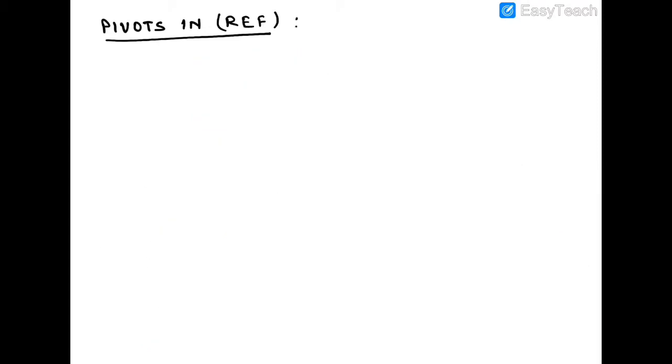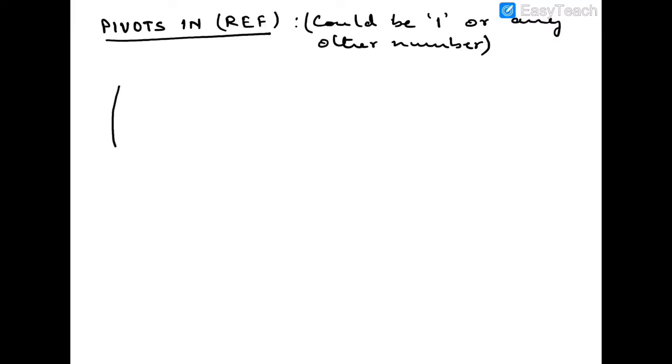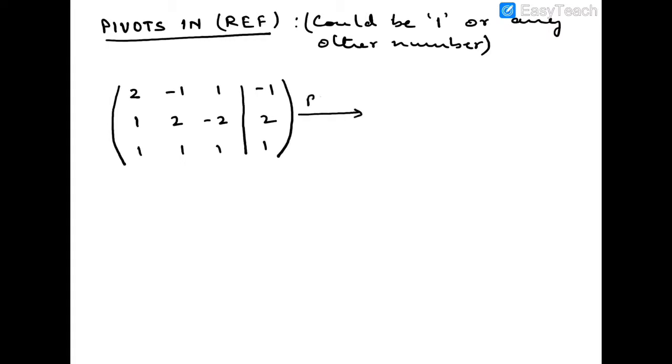So pivots in row echelon form could be 1 or any other number. So if 2 minus 1 1 minus 1, 1 2 minus 2 2, 1 1 1 1 be original matrix and its REF is 2 minus 1 1 minus 1, 0 1 minus 1 1, 0 0 minus 4 0.